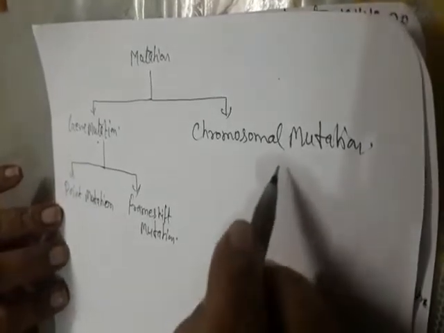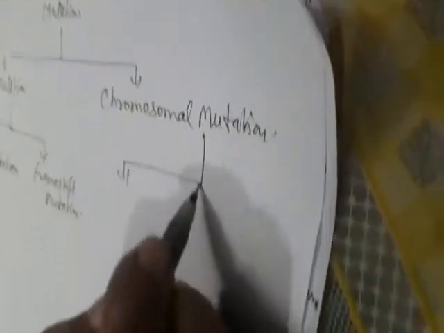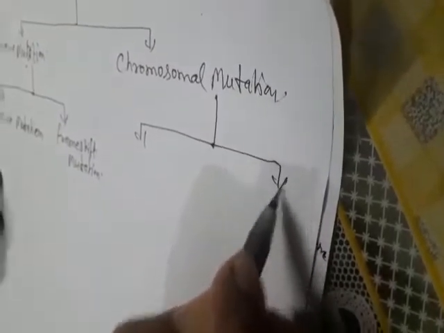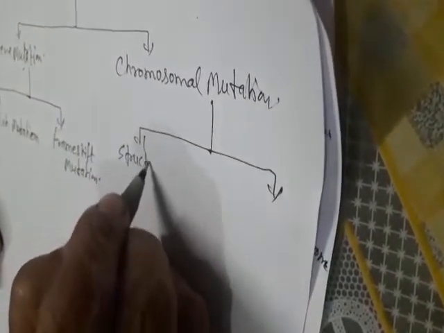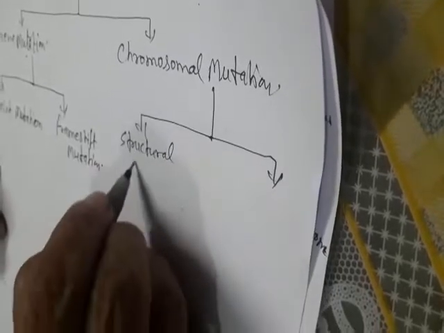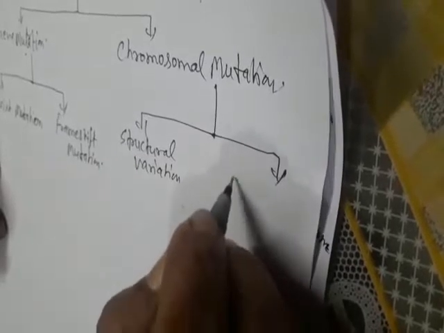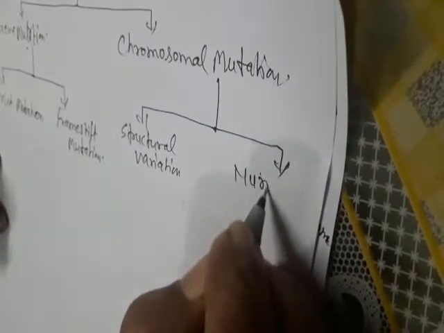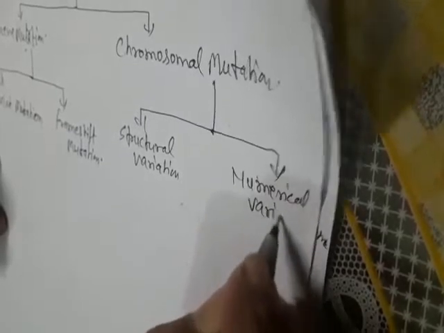Chromosomal mutations are of two types: structural variations and numerical variation.